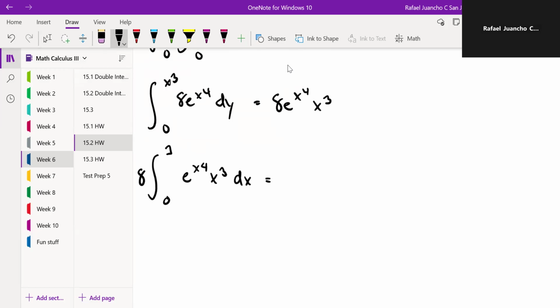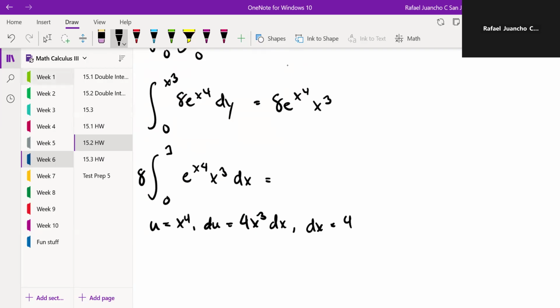I could do a u sub. I could say that's x to the fourth. Oh, that looks nice. Du then is going to be 4x cubed dx. Yeah.